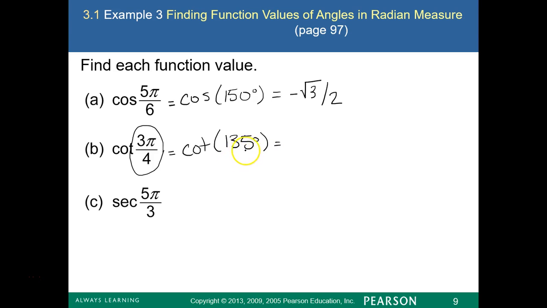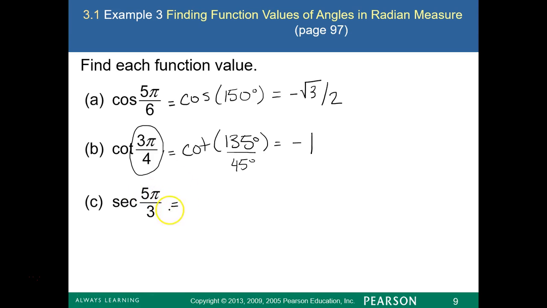Now, cotangent, go through the steps of finding the reference angle. You know what quadrant this is in. It's in the second quadrant. Cotangent is going to be negative. So this is actually going to equal negative 1, because this is a reference angle of 45 degrees. And cotangent of 45 is 1, but it's in the second quadrant, like I said. So you put a negative on it.